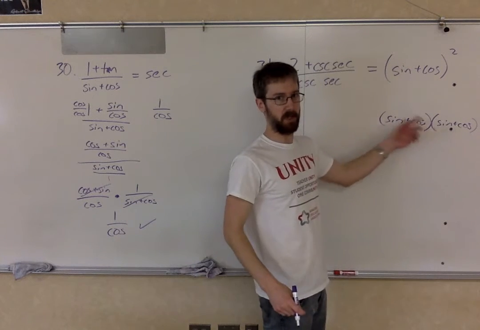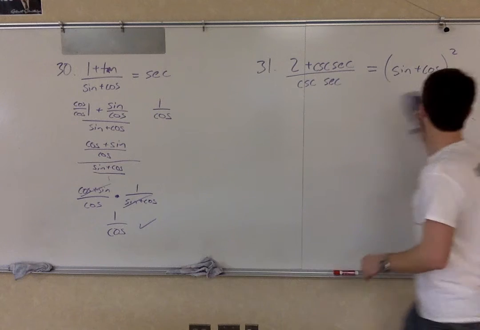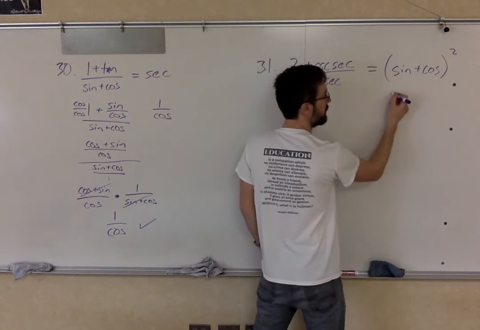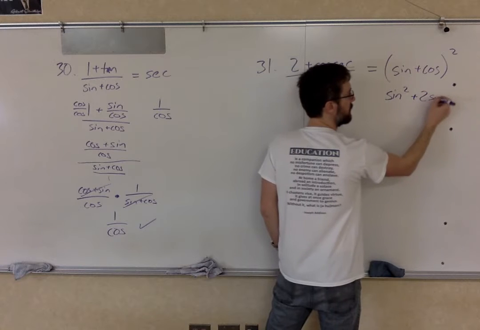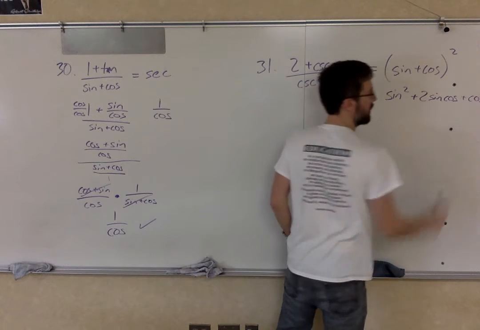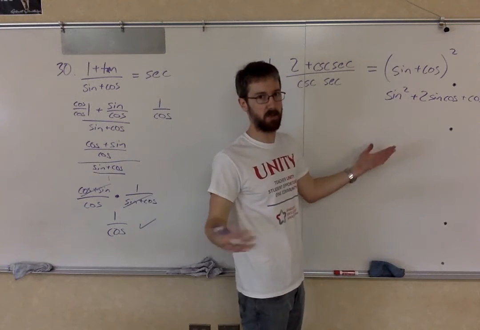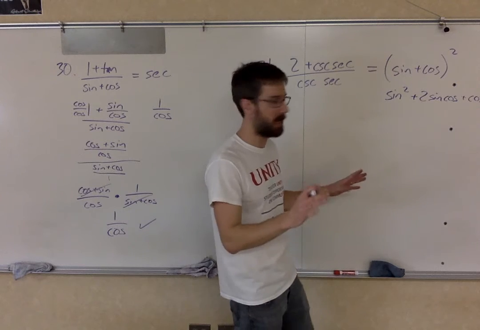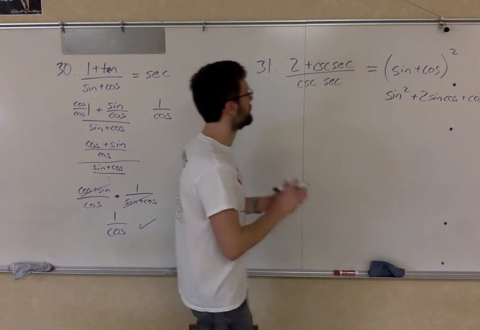So you're going to FOIL this out to start with. That's going to make this sine squared plus 2 sine cosine plus cosine squared, right? So if you just do sine squared plus cosine squared, just try to distribute the exponent, which isn't allowed, you're going to miss this middle term, and it's not going to work out very well.